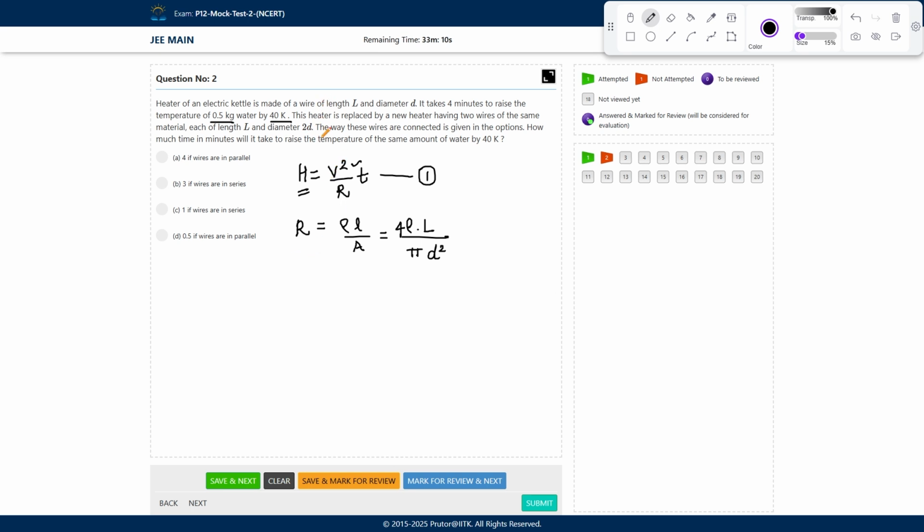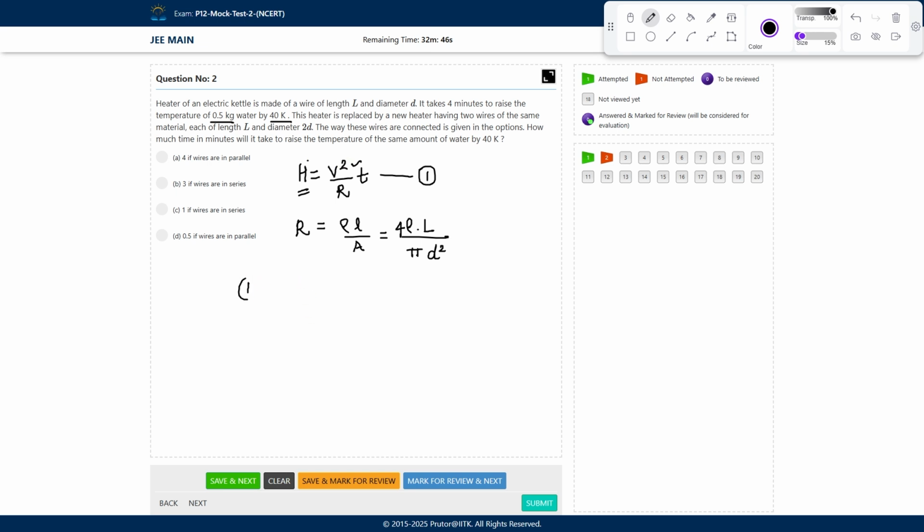It is not given, but it is assumed, because they have not mentioned the voltage anywhere, so it is taken as constant. If we connect this kettle in our home, the voltage will always be 220 volt. So we are not changing V, which means H and V are constant.